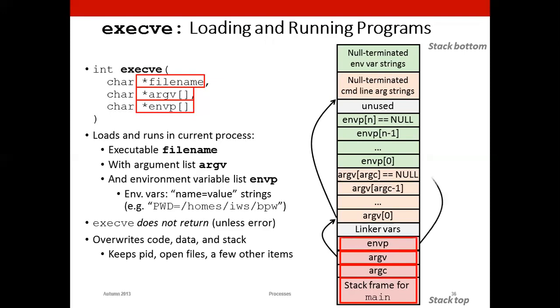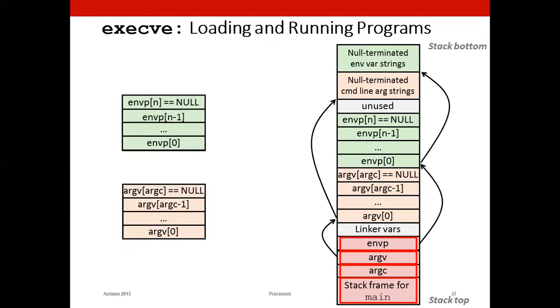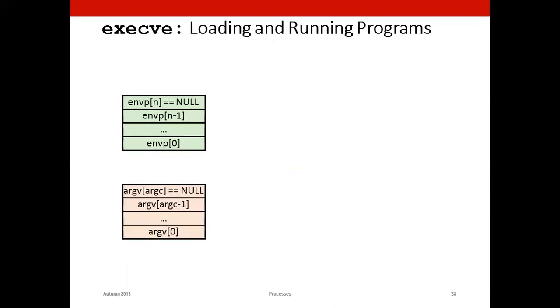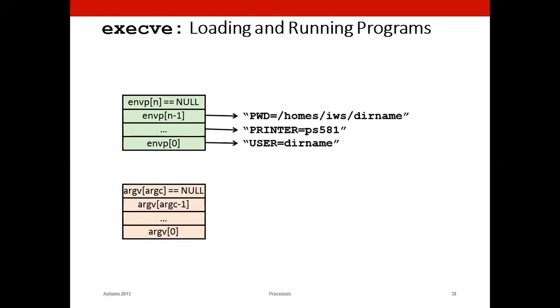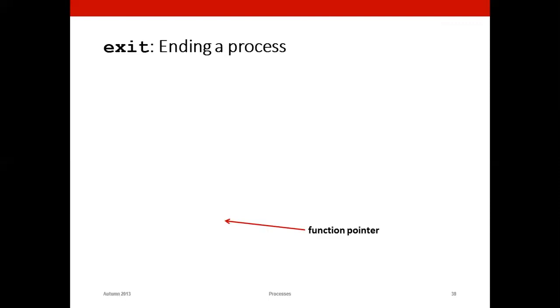And here is the environment pointer that also points to another vector that further points to the contents of the environment variables. So what are the command line strings? Okay, it could be a present working directory, it could be a file name, a directory name, it could be another program, etc.